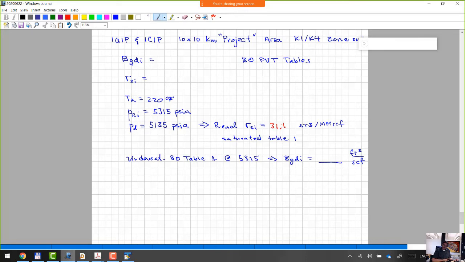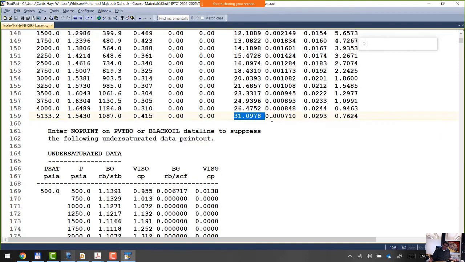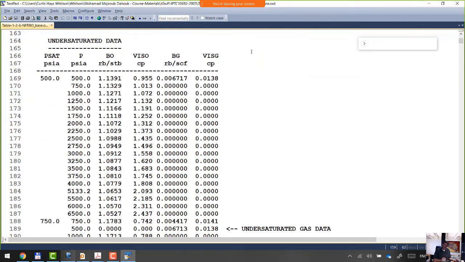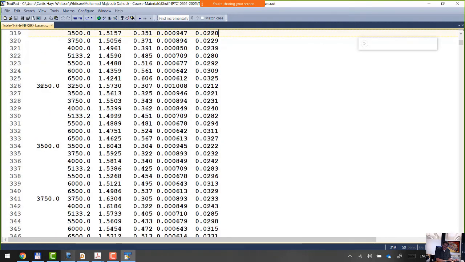Okay. So that's the saturated table. But the undersaturated table is below. So there we have to find the particular table for a particular gas. And the gas we're looking for is the gas with this 5135 dew point. So we just have to page down.